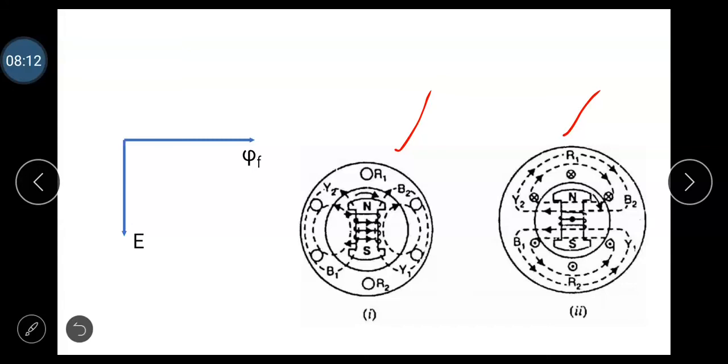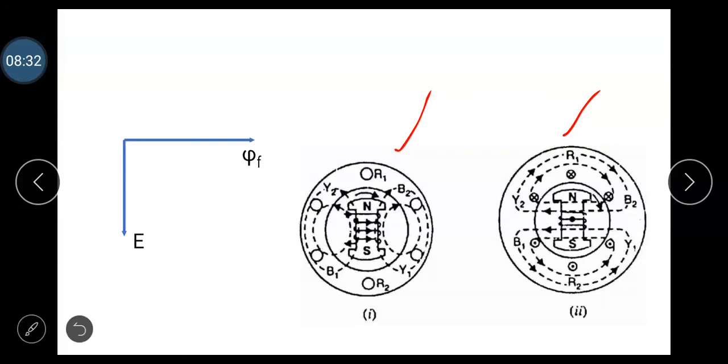Only the stator is carrying current. The rotor is excited, but it is not showing the direction. Only I am showing the direction of armature flux.